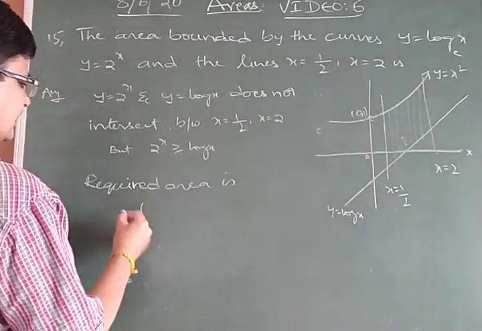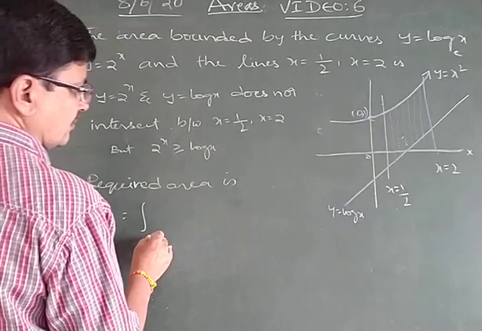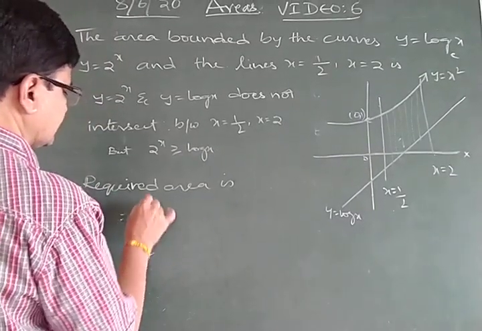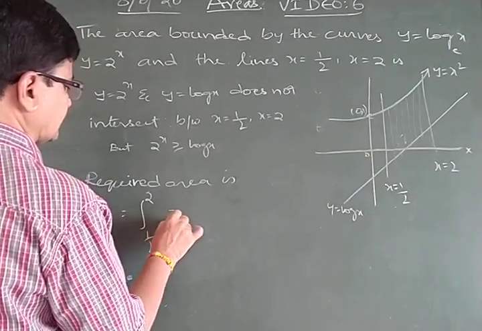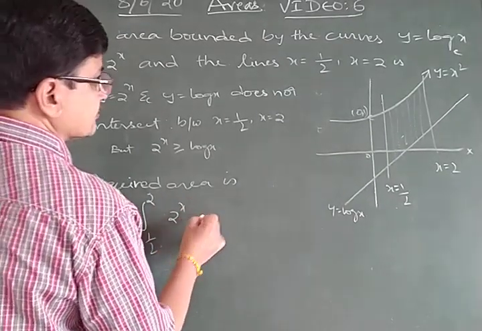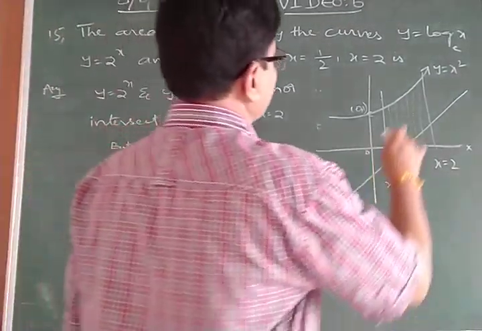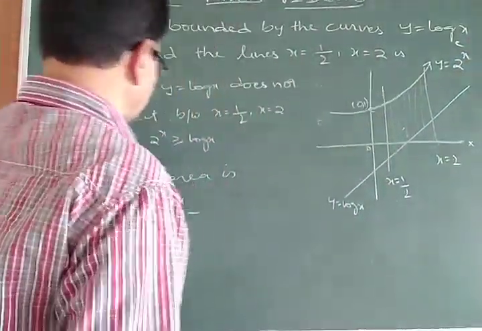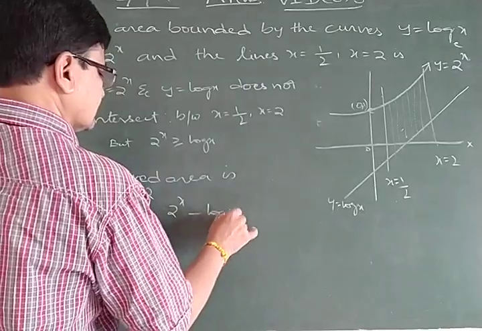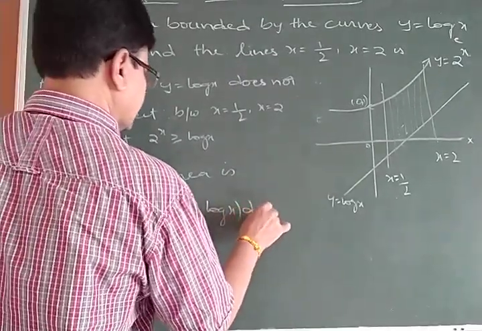The required area is the integral from 1 by 2 to 2 of the upper curve 2 to the power of x minus log x dx.